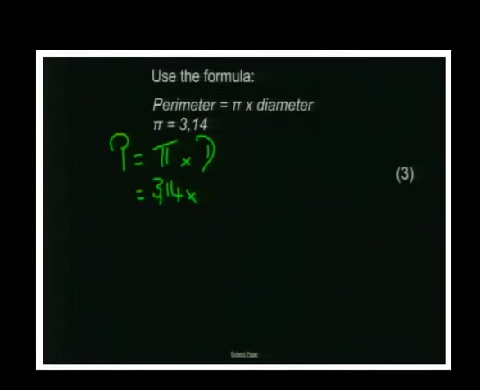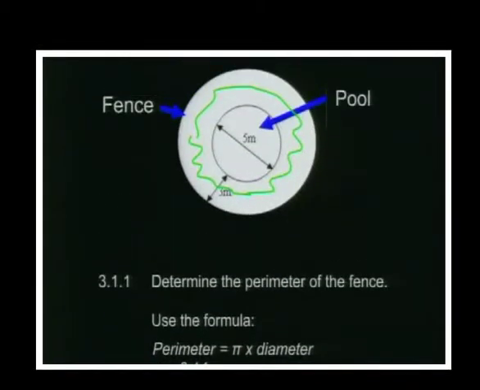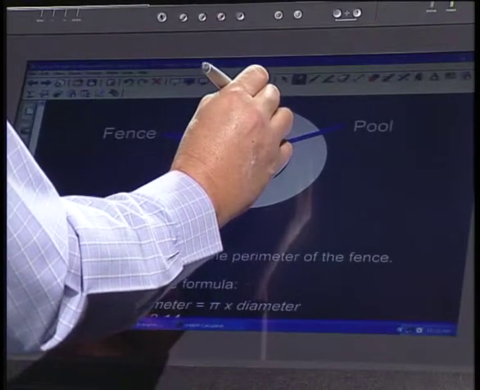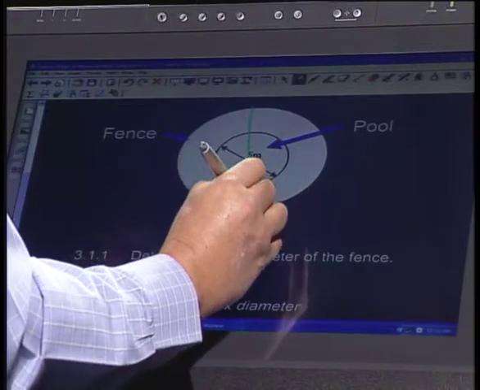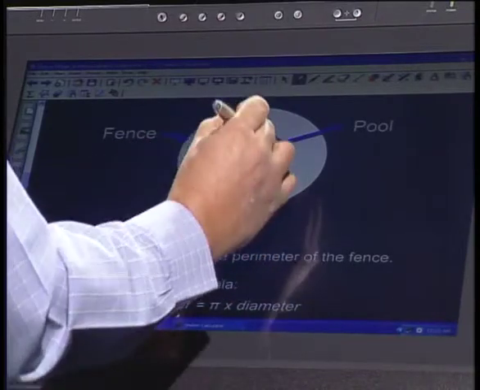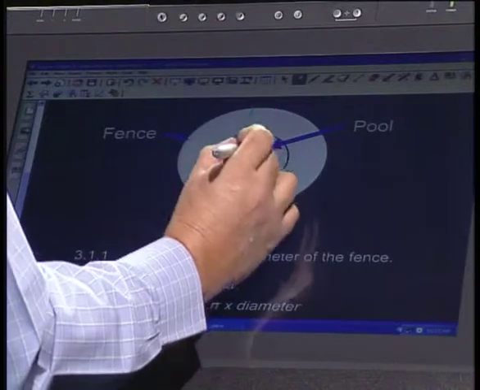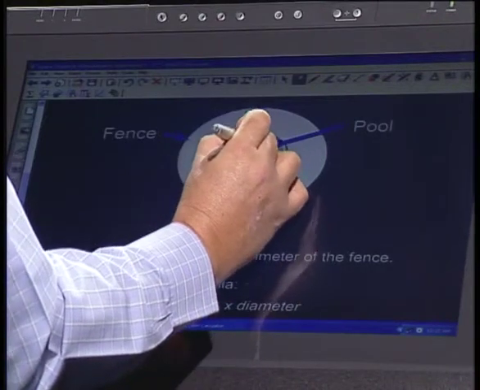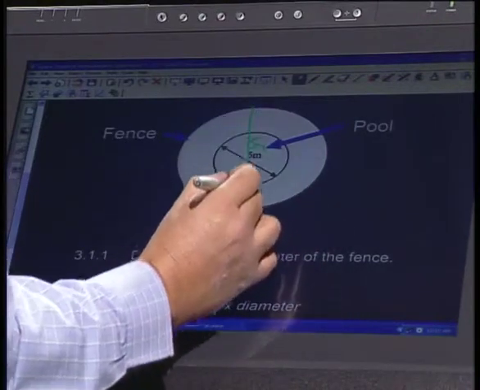And then the diameter. So now, what are we actually wanting here? We are wanting the diameter, and let's look carefully. I'm going to get rid of all this green here so we don't get confused. We want to find the diameter from one side of the fence right through to the other. Now we know this length in the pool is 5. What is this length here?